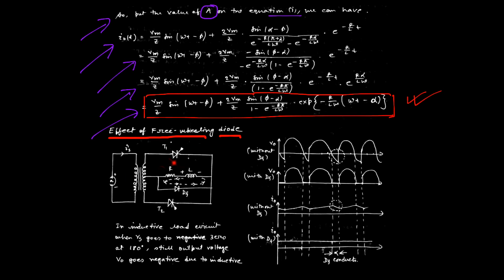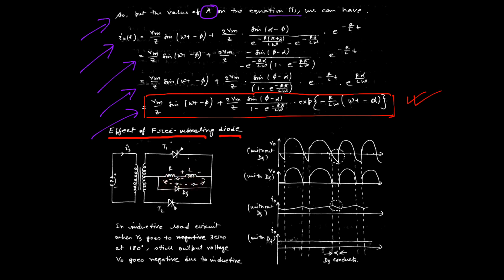Okay, this is a schematic circuit diagram in which we are using the RL load as well as the freewheeling diode. By using this freewheeling diode, the negative peak that appears due to the discharging path of the inductor will not be fed back to the supply. It will freewheel through the freewheeling diode across the load.